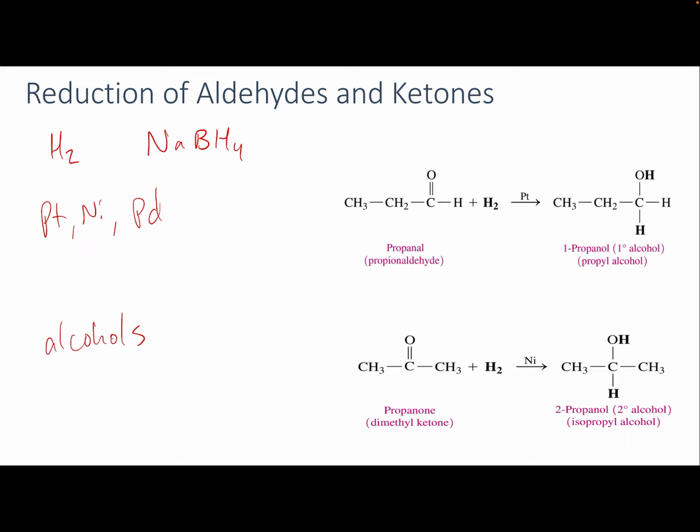So just like our alcohols in the alcohol chapter last got oxidized into aldehydes and ketones, now we have to undo that. So an aldehyde will always turn into a primary alcohol, because that's what primary alcohols oxidize into, aldehydes.